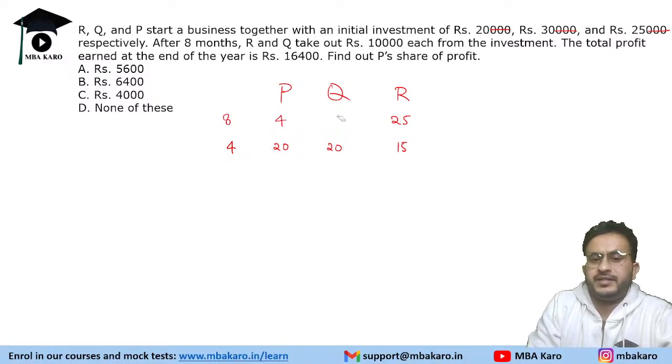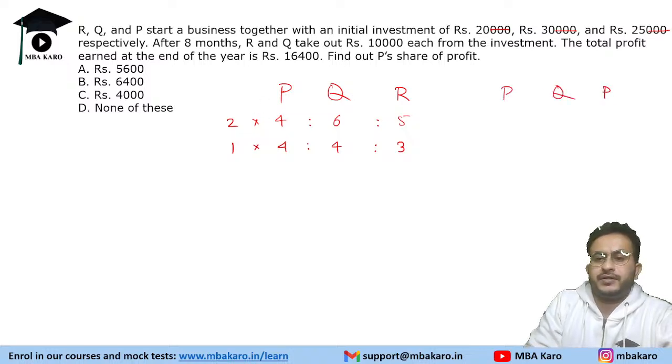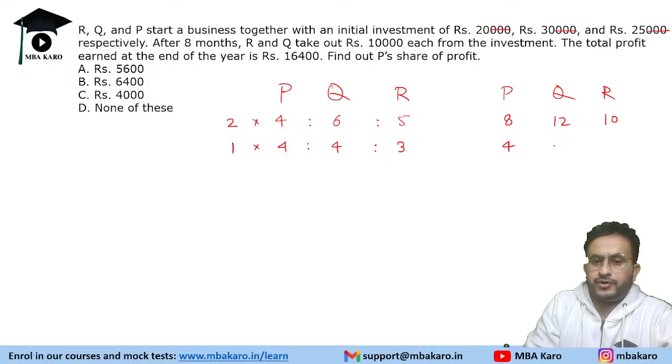For simplicity, 4, 6, 5 is the ratio, and this will be 4, 4, and 3, and the time ratio is 2 to 1. We multiply the ratios and add. For the first duration it is 8, 12, and 10, and for the second duration it is 4, 4, and 3.